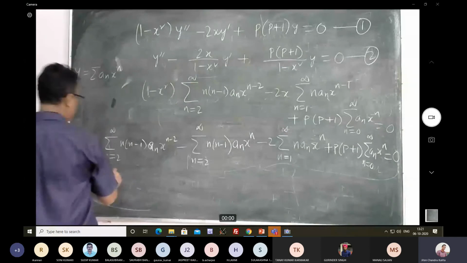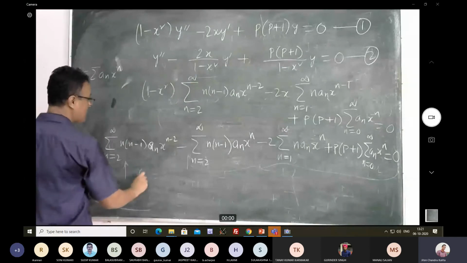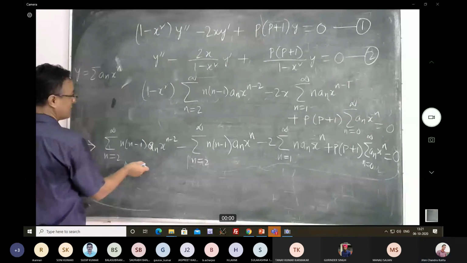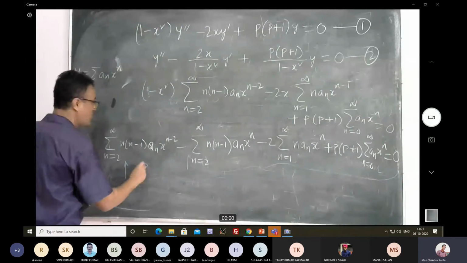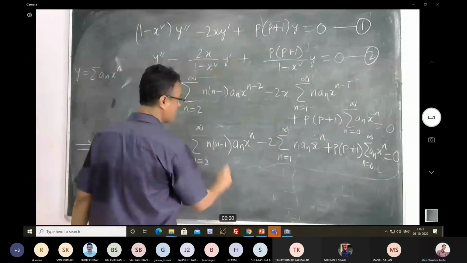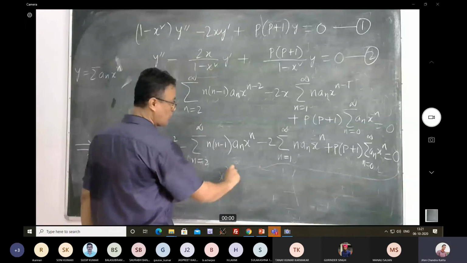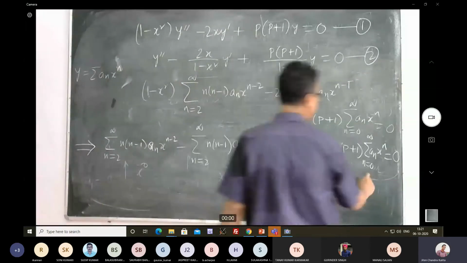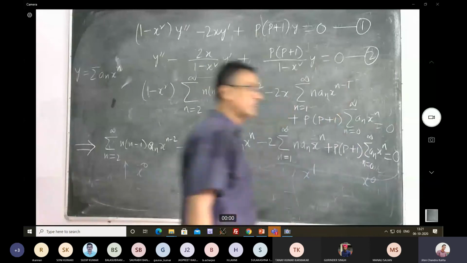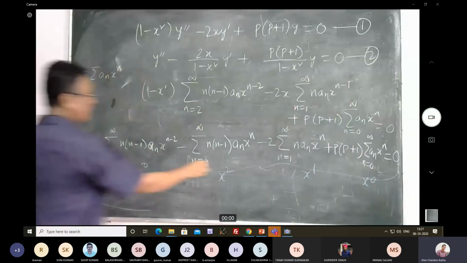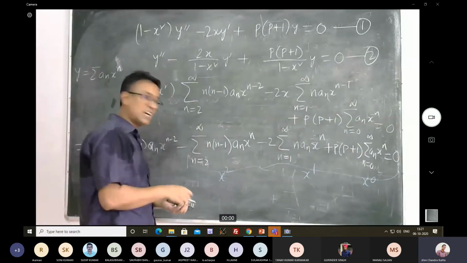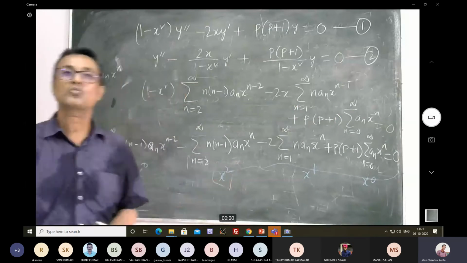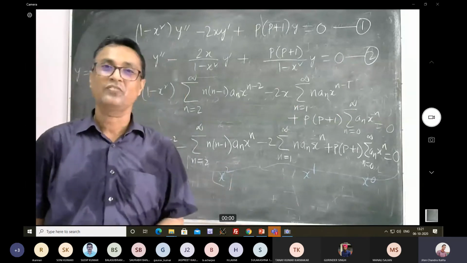Here the lowest power is x to the power 0, here x to the power 1, here x to the power 0. That gives you an idea that I have to start all the series from x squared.